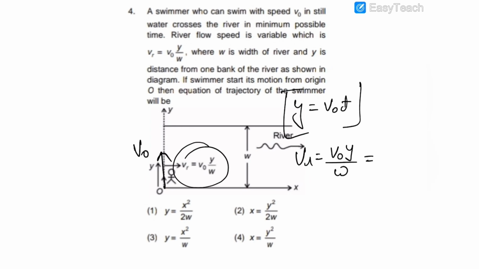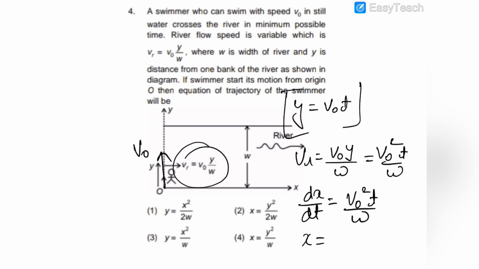Let us substitute the value of y. So it would be v0 into v0 square t by w. So this is the river velocity. We can write this river velocity as dx by dt, and dx by dt is equal to v0 square t by w. So x will be equal to v0 square t square by 2w.